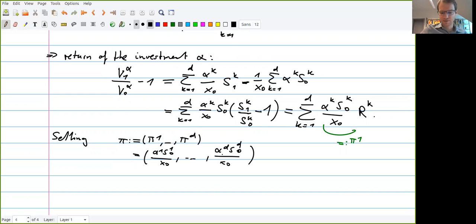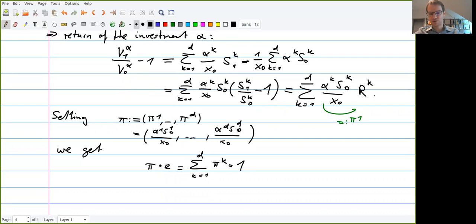So why do I like this definition? Because we get that our budget constraint is now just the scalar product of pi multiplied with the vector of ones, equal to 1. So this is our budget constraint.